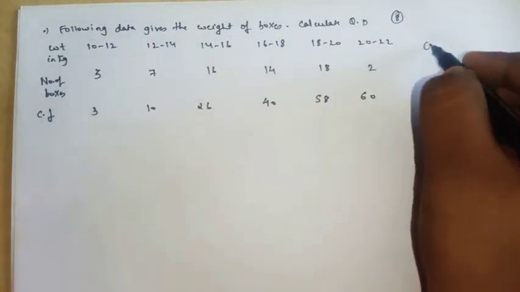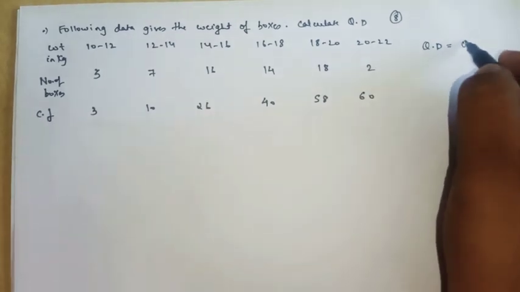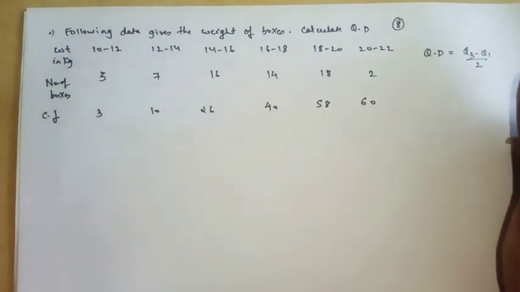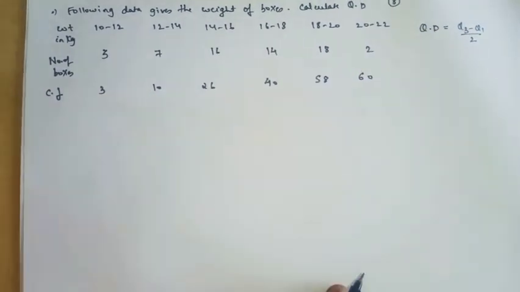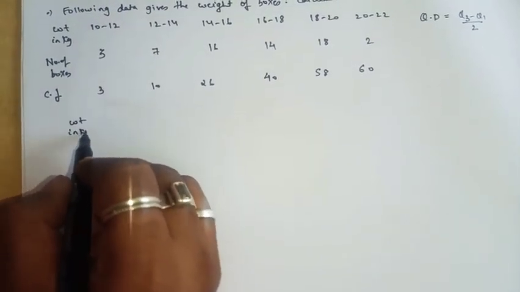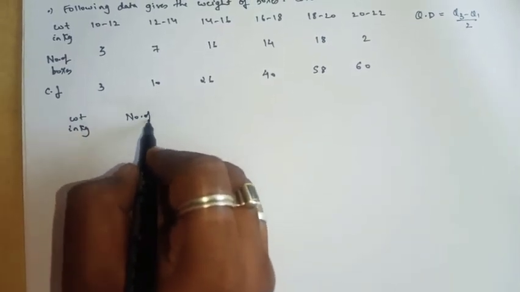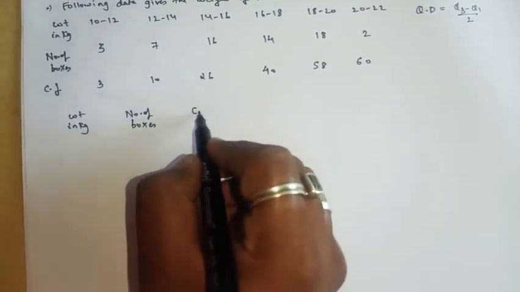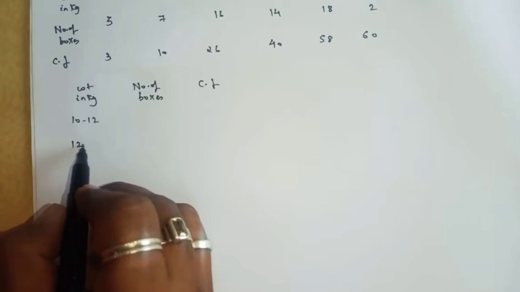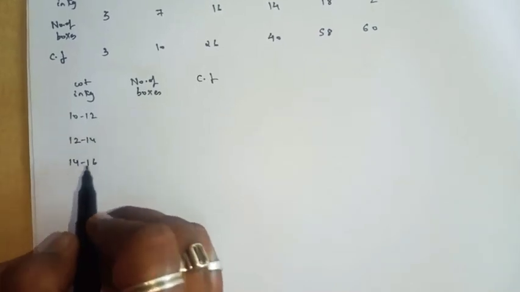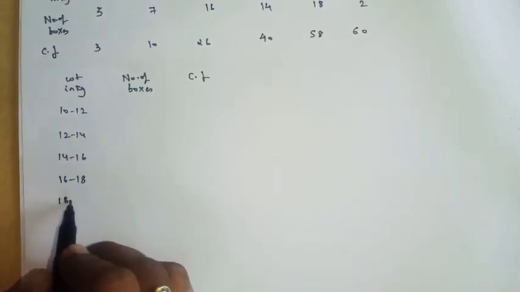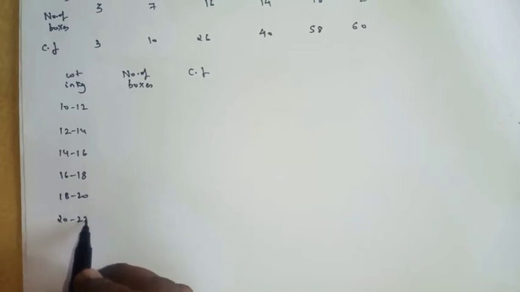We know that for quartile deviation the formula is QD equals Q3 minus Q1 upon 2, and just now we saw the formula for Q1 and Q3. So let's directly begin with the sum. First, weight in kg will come, then number of boxes, then cumulative frequency, then 10 to 12, 12 to 14, 14 to 16, 16 to 18, 18 to 20, 20 to 22.